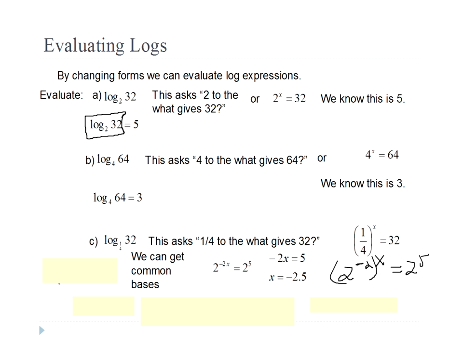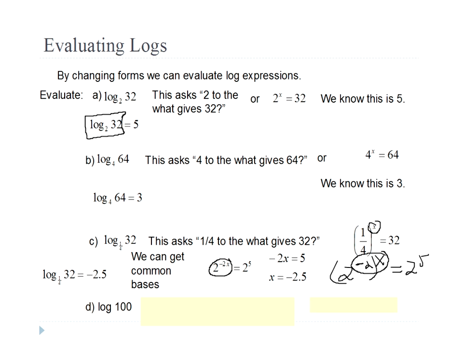And 32 is 2 to the 5. And so now I have a power of a power, so I'll keep the base and multiply those exponents. That's what I got here. And so I solve for x. x equals negative 2.5. But all of this was to solve for the exponent here, which is what that log equals. So you have log to base 1/4 of 32 equals negative 2.5.